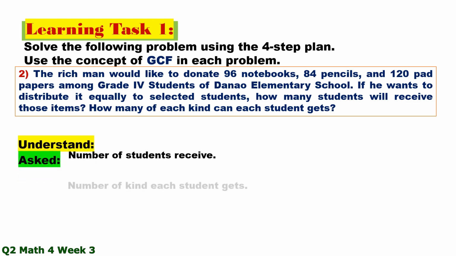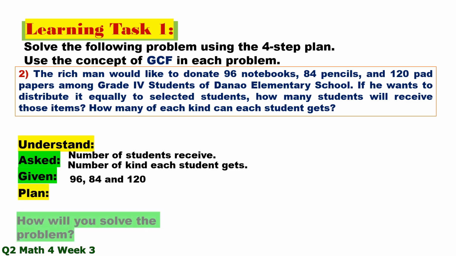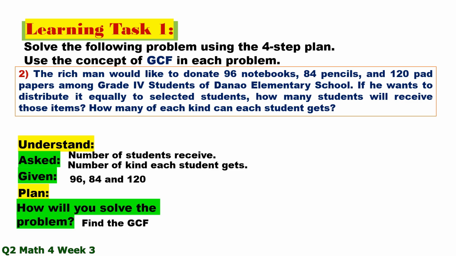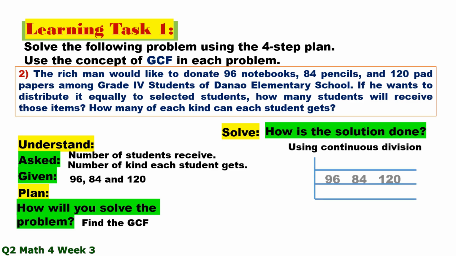Number of students who receive and number of items each student gets. Given: 96 notebooks, 84 pencils, 125 papers. Plan. How will you solve the problem? Find the GCF. How is the solution done? Using continuous division.